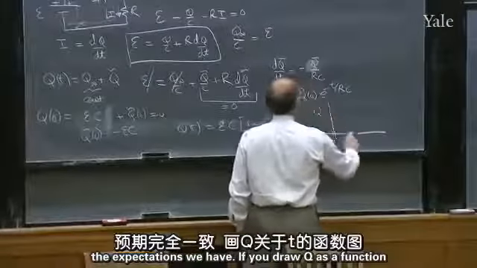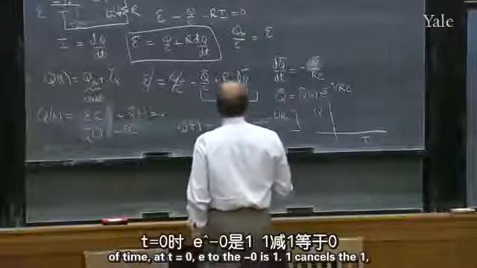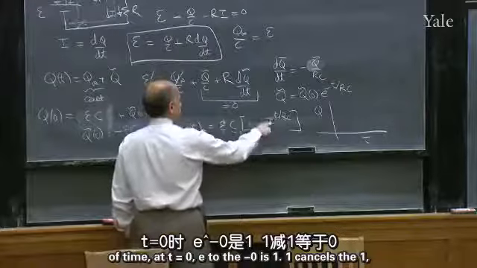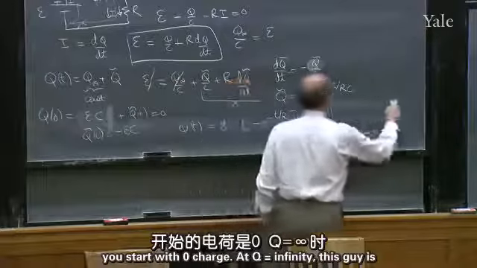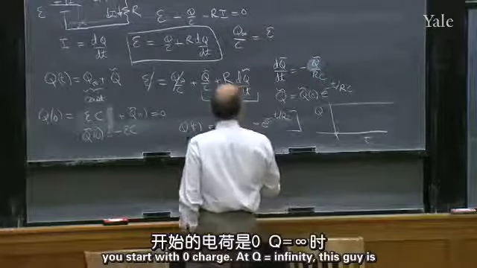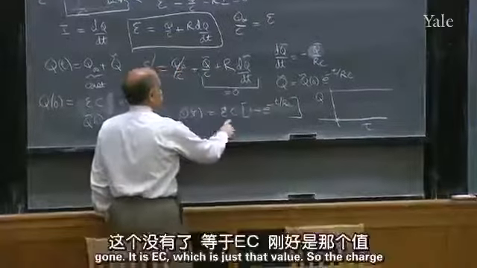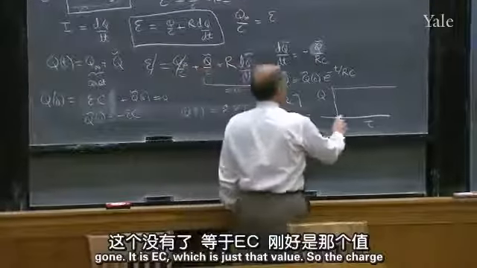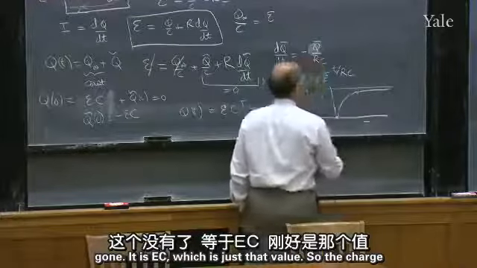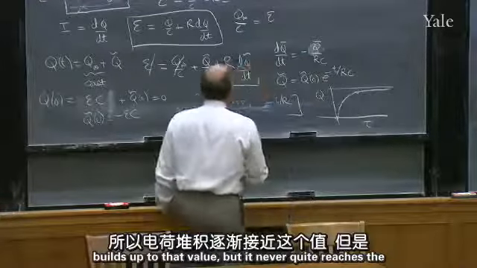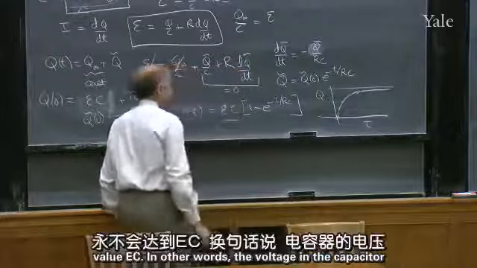At t equal to 0, e to the minus 0 is 1, and the 1 cancels the 1, so you start with 0 charge. At infinity, this term is gone and it is EC. So the charge builds up to that value, but it never quite reaches the value EC.